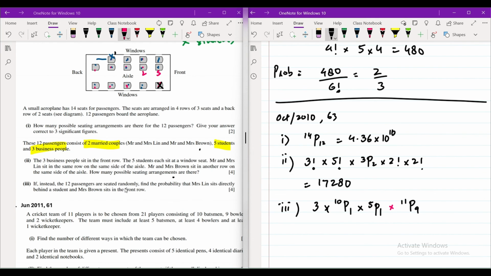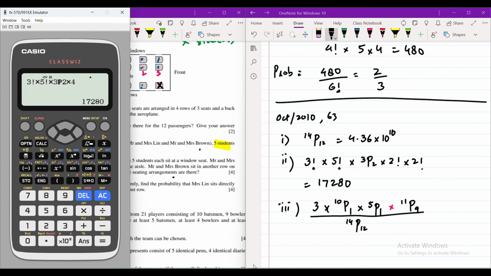Okay, so these are the number of arrangements in which Mrs. Lin sits directly behind the student, Mrs. Brown sits in the first row, right? And we divide this by, since we are asked to find the probability, and since this is 12 passengers, this is going to be 14p12 because we had 14 seats but only 12 people.